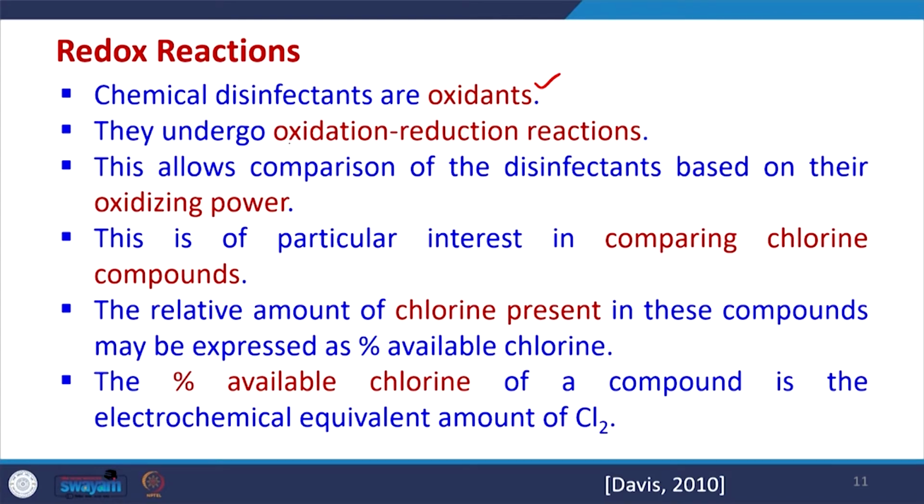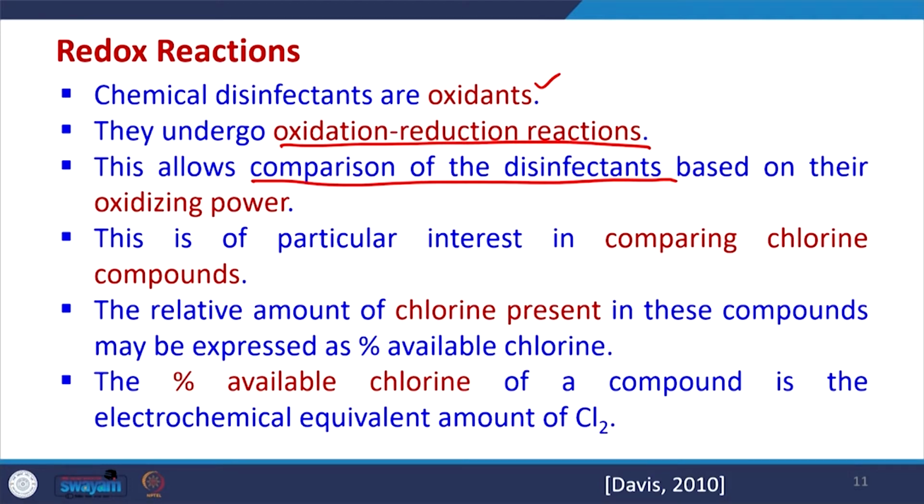So, we can use these redox reactions and some more information from them for understanding their oxidizing power, and if we can find out their oxidizing power, we can compare different types of disinfectants. This is in particular very important for comparing various types of chlorine compounds which are used as a disinfectant.